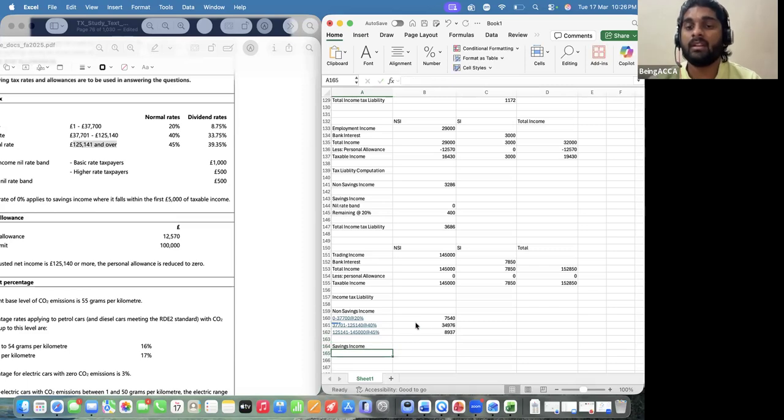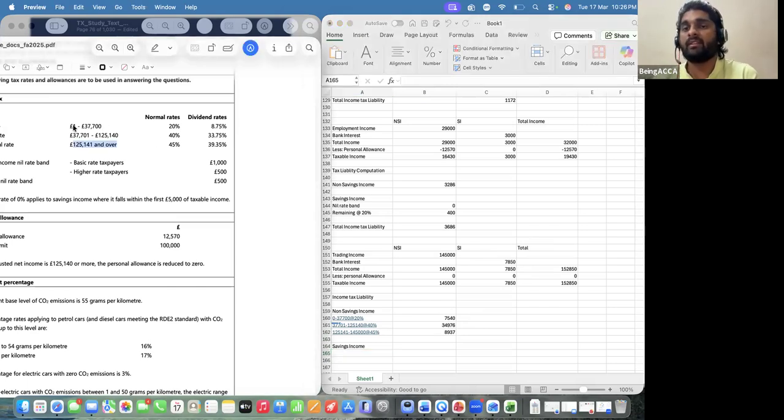Always remember the rate bands are first utilized for non-savings income, then savings income, then dividend income. So for the savings income of 7,850, it will not be at the basic rate of 0 to 37,700.